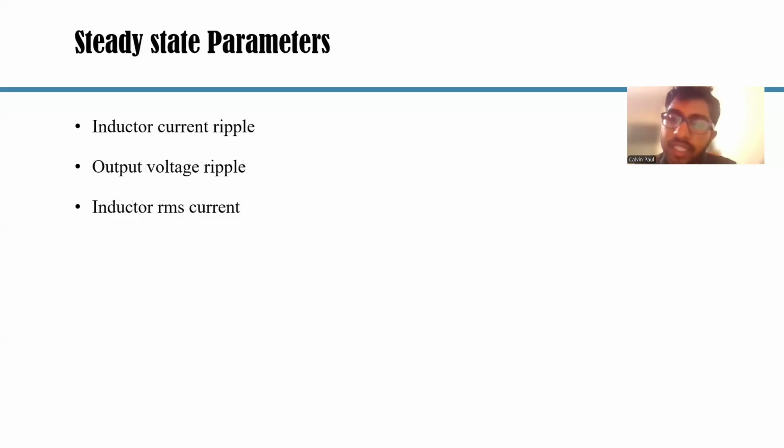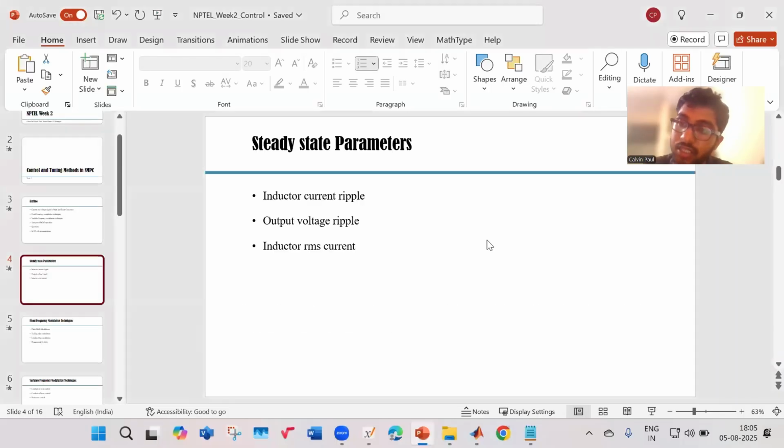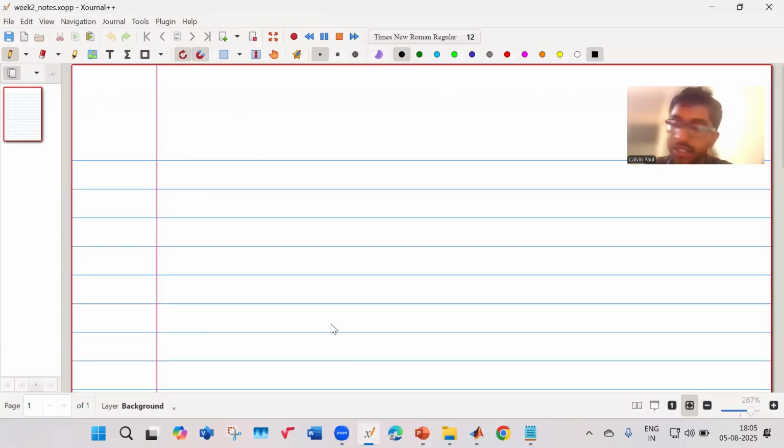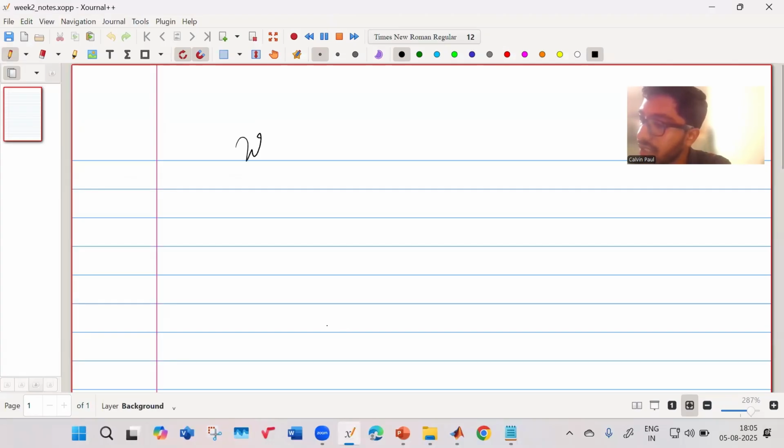So there are various steady state parameters which sir has taught. One is the inductor current ripple, that is the ripple in the inductor current. Another is the output voltage ripple, that is the output capacitor voltage ripple. So let me write, it's better if I write. Today we are discussing week 2.